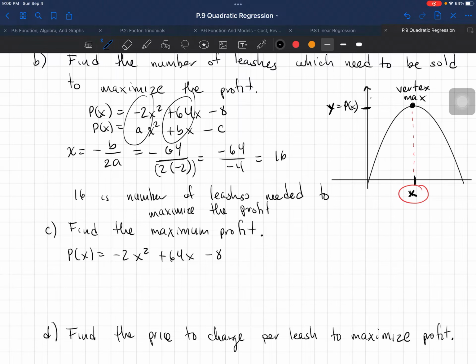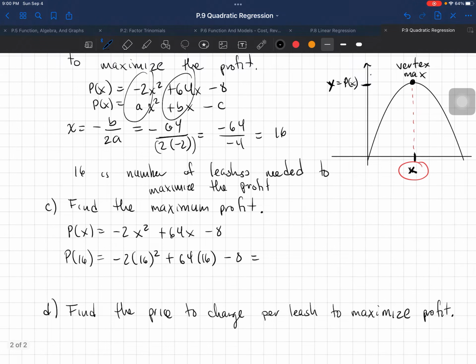So all we have to do is a direct substitution of 16 for x. Now this is a product, so -2 times the square of 16 plus 64. Oops, here that's supposed to be a 16. Then we put it in the calculator, and that will give us 504.